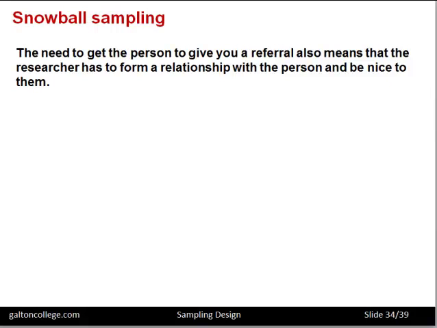The need to get a person to give a referral also means that the researcher has to form a relationship with the person and be nice to them. So the interview, if it is an interview in the survey that's been conducted, is going to be biased simply because the interviewer has to treat the respondent in a way that will produce the referrals.